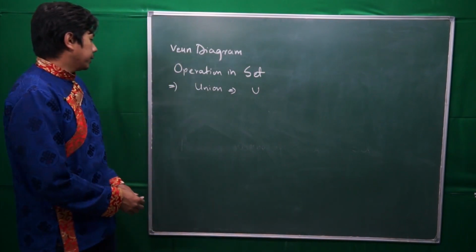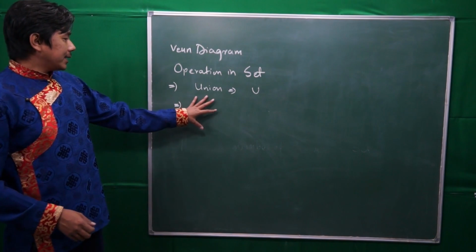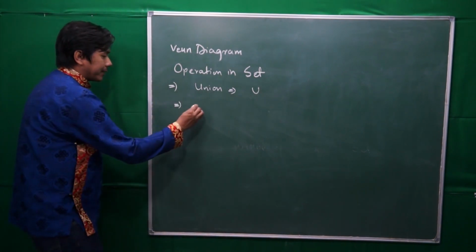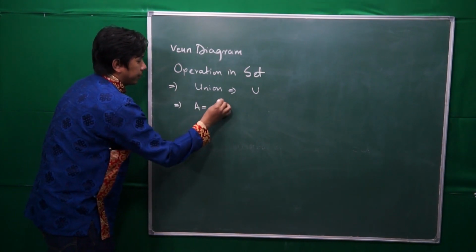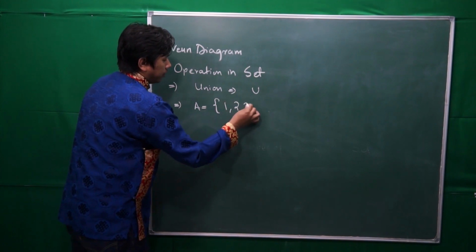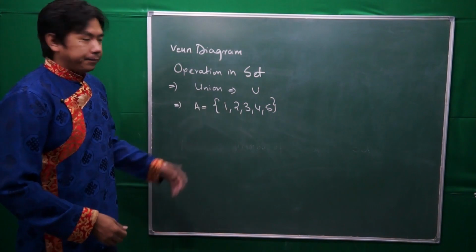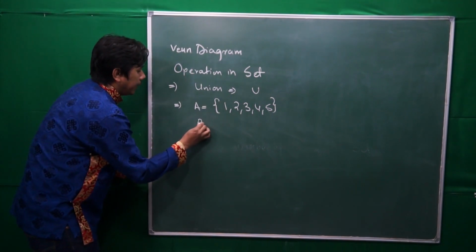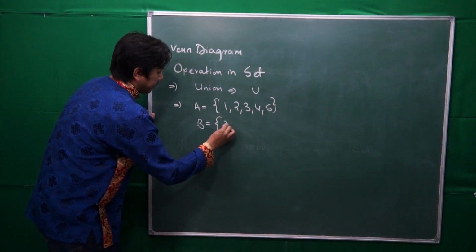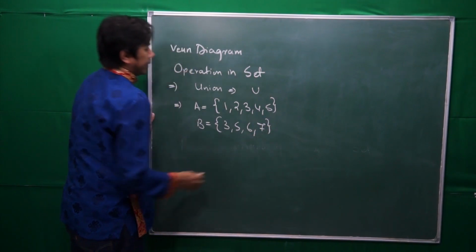To understand the operation union, we have a set A. Let's say set A's elements are 1, 2, 3, 4, 5. Similarly, we have set B. Let's say it has elements 3, 5, 6 and 7.